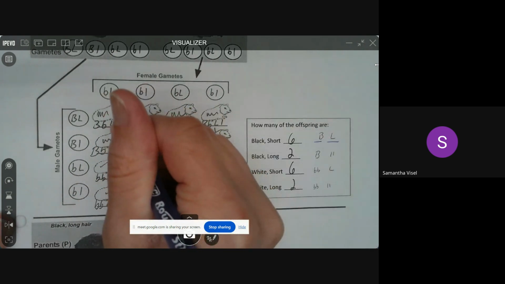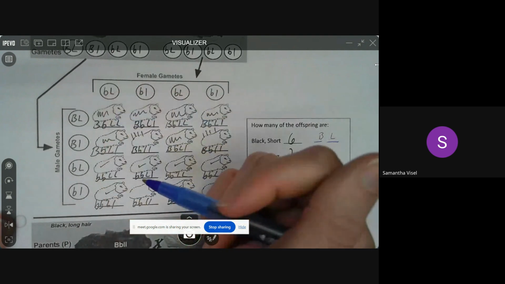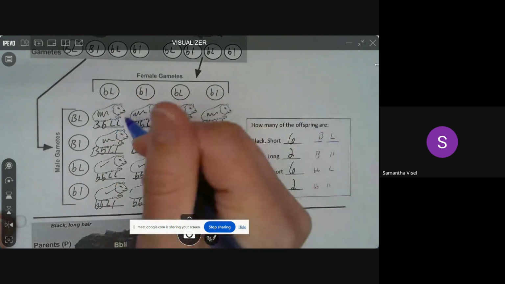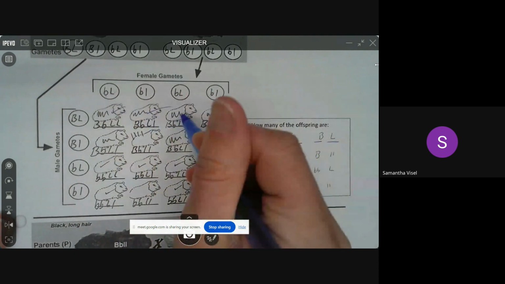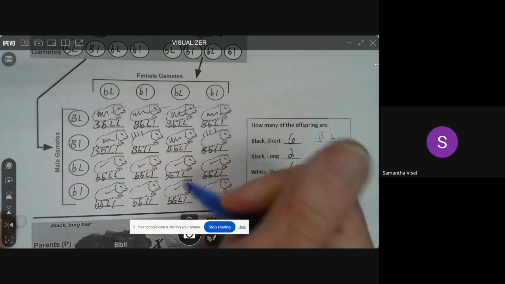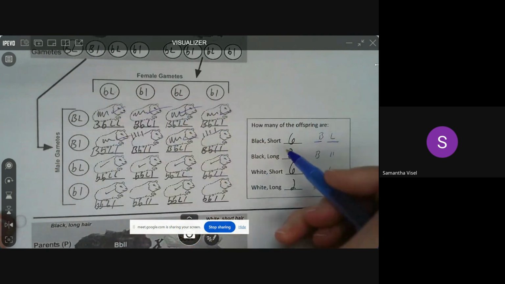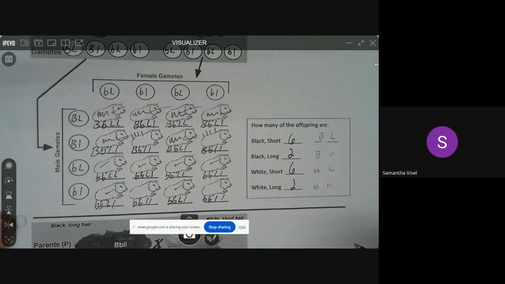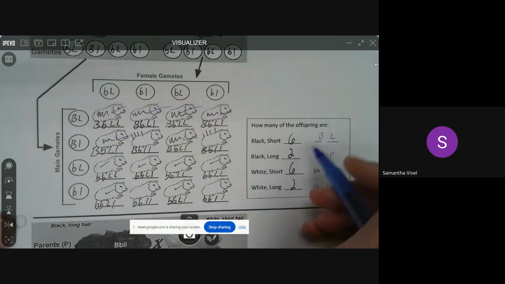So a strategy you could do here is to go through and just count the guinea pigs that fulfill that quality. So this one would count, this one would count, this one would count, this one would count, this one would count, this one would count. And that totals us up to 6. Now I'm looking for what guinea pigs are black, but with long fur.